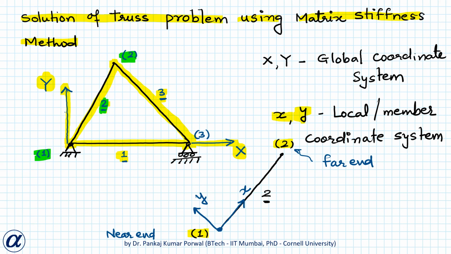So this small x, small y coordinate system will be specific for this member number 2, and it will be called local or member coordinate system for member number 2. Similarly, we will define the local coordinate systems for each of the member in our structure or truss.